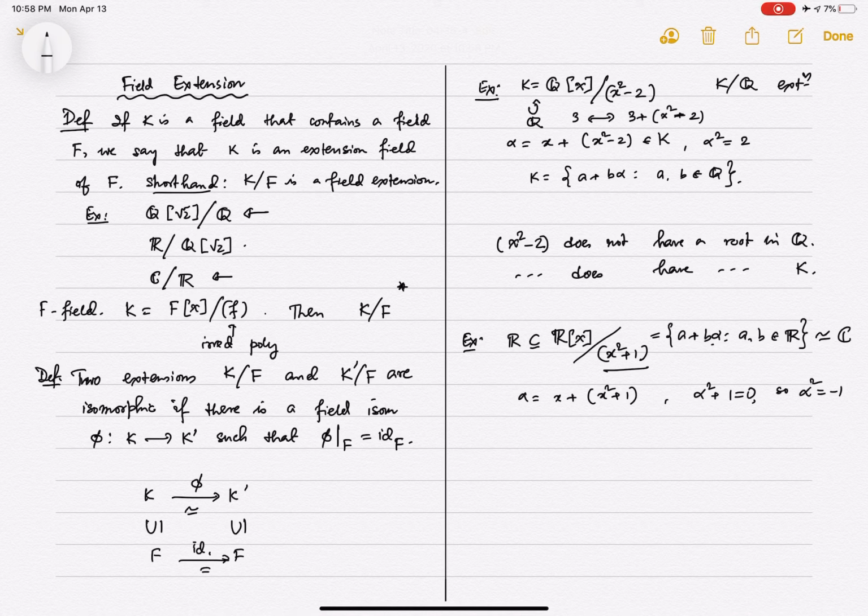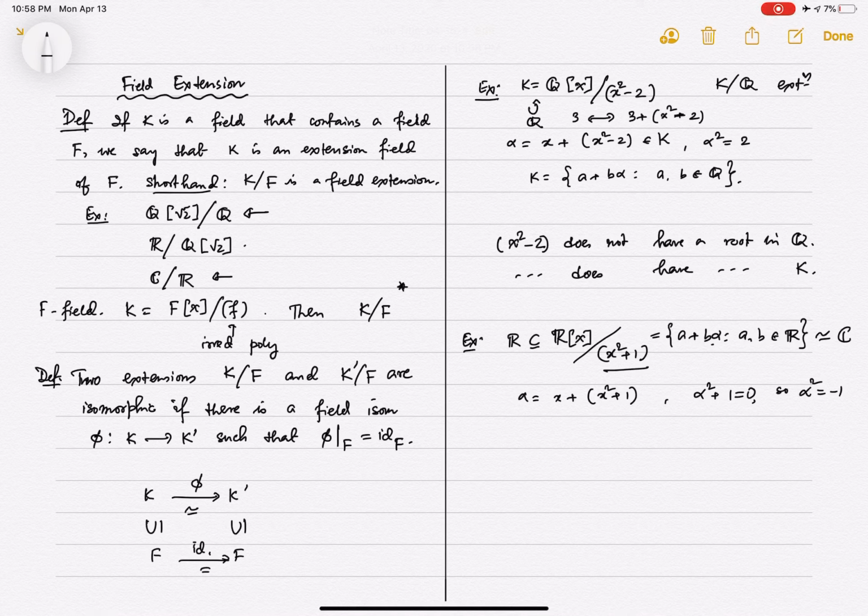So the way you get complex numbers is exactly one of these constructions: by taking the one variable polynomial ring and quotienting, forcing this relation that alpha squared plus 1 equals 0 by quotienting out by the polynomial x squared plus 1. And indeed, you see every complex number is a real number plus a real number times the square root of minus 1.